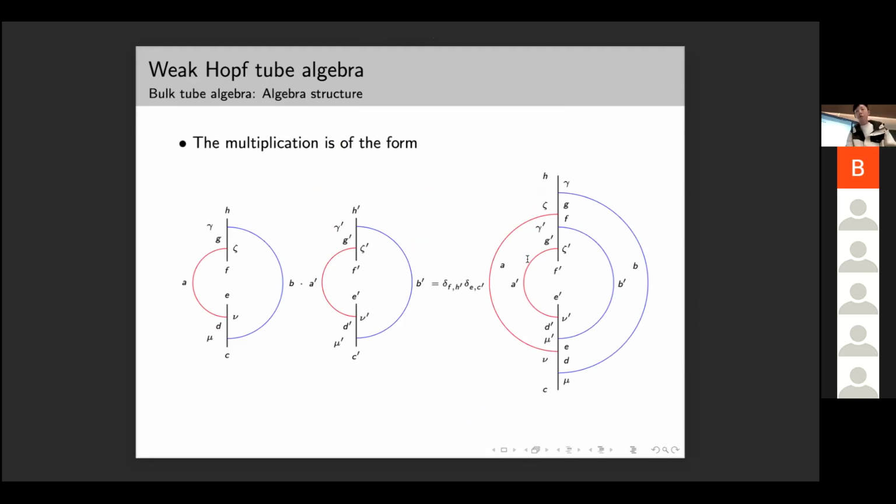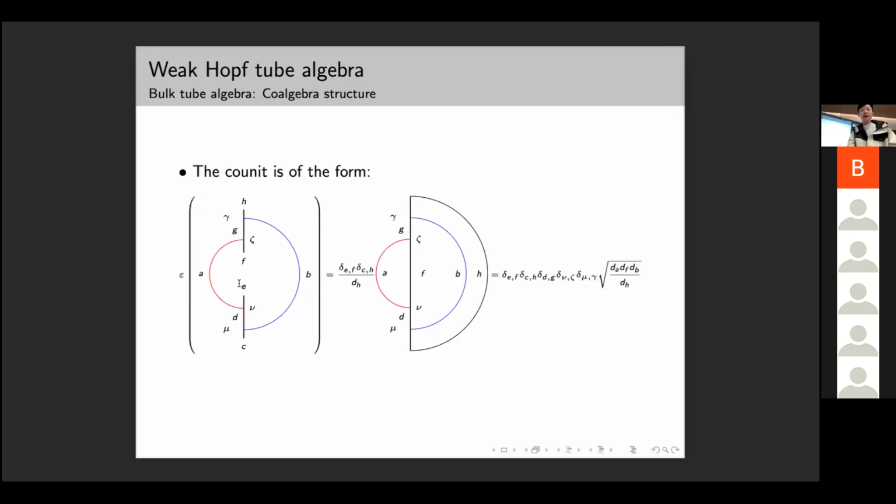Then we take the local move for the right hand side to recover the original configuration. This can be done: we take the F loop over this upper side and this lower side. Then we take the loop move, and we can remove the loops, and they will come back to the original configuration. So we can define the algebra, and we can show that this is an algebra structure.